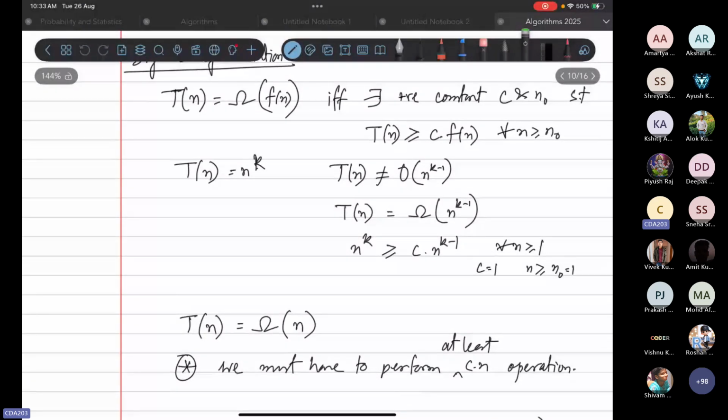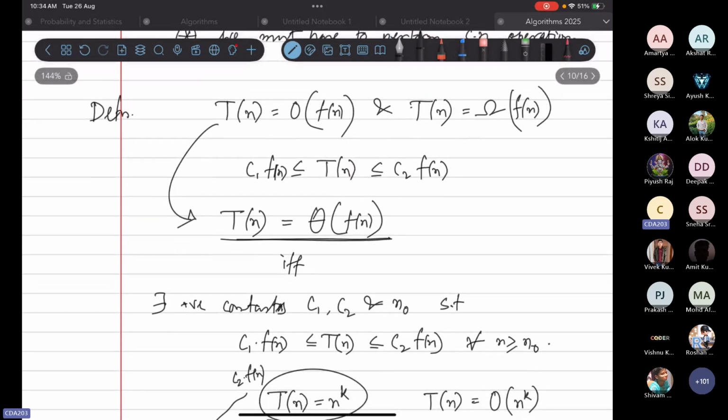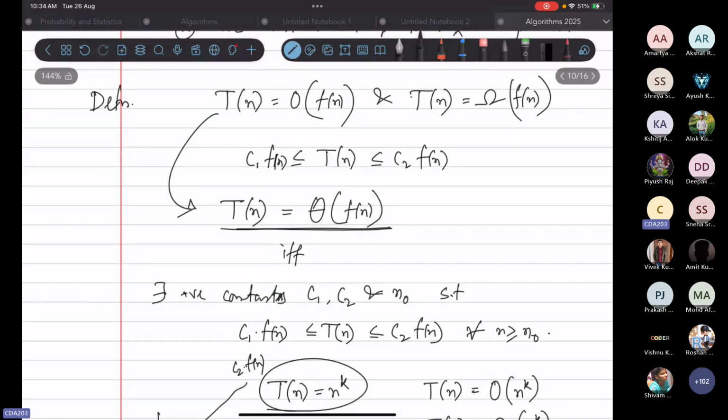And we also define this other notation, big omega of some function, and this is for the lower bound of problems. So if I say that for a certain problem its running time should be omega of log n, that means that problem cannot be solved better than log n.